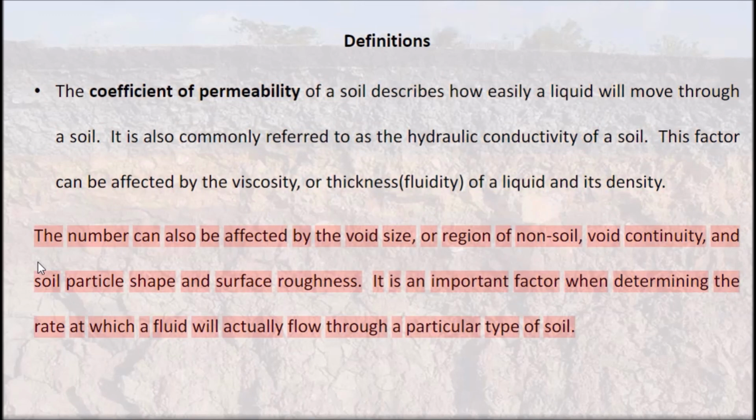The number can also be affected by the void size, or region of non-soil, void continuity, and soil particle shape and surface roughness. It is an important factor when determining the rate at which a fluid will actually flow through a particular type of soil.